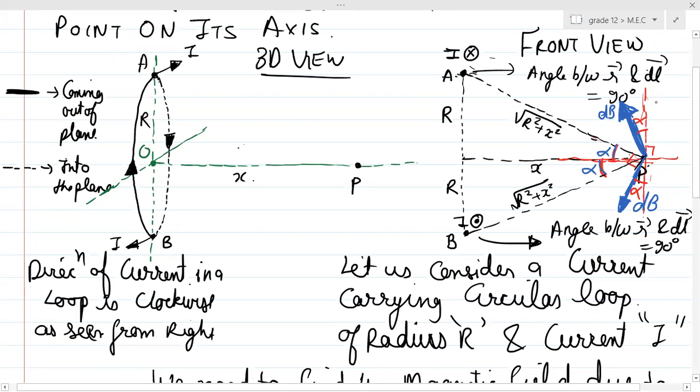So can you see line 1 and line 2 are perpendicular to each other? 1 is perpendicular to 2 and 3 is perpendicular to 4. So I'll write it like this.